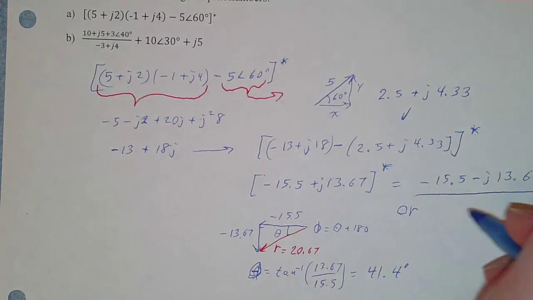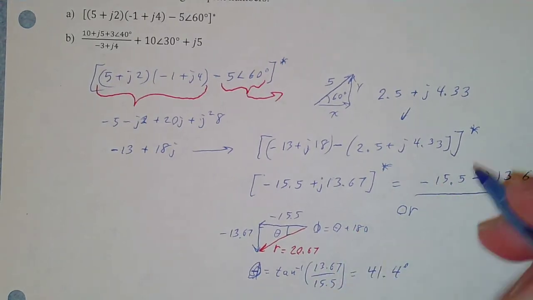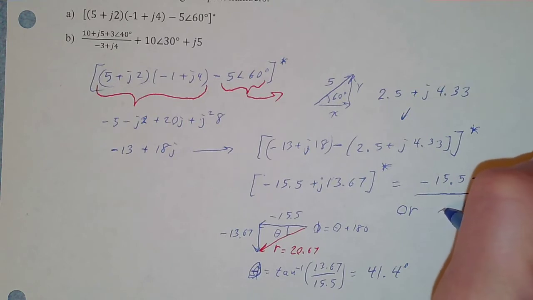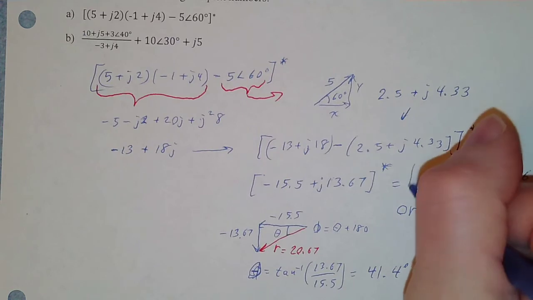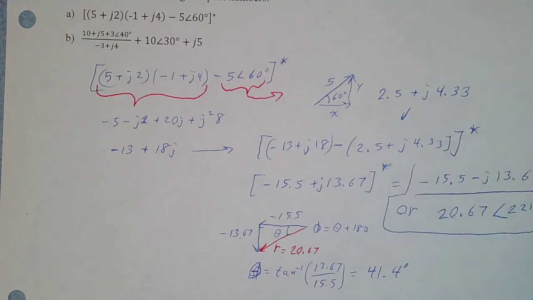So then phi is going to be this plus 180. So you're going to have 20.67 at an angle of 221.4 degrees. So these are the two different ways you can write the answer.